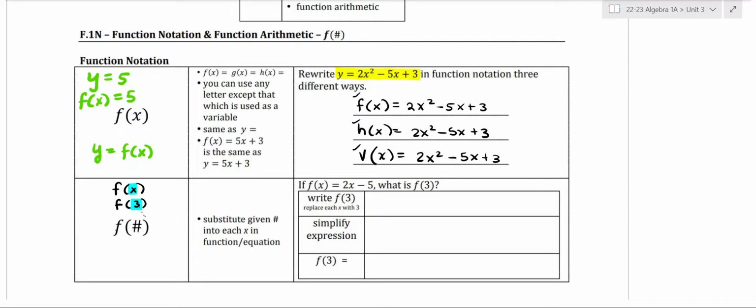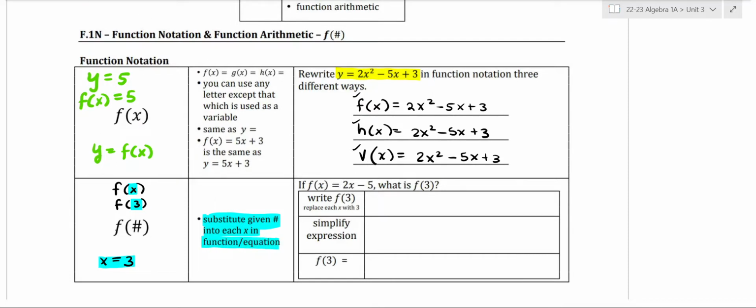You wrote 3 instead of x, so that means that x equals 3. So literally, when they put the number inside the parentheses, they're telling you the value of x. They're giving you the inputs. So all we have to do is substitute the number that's given to us into each x in the equation.